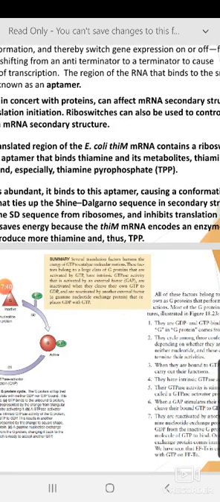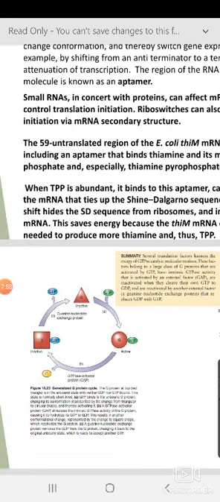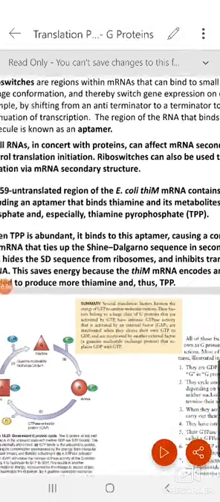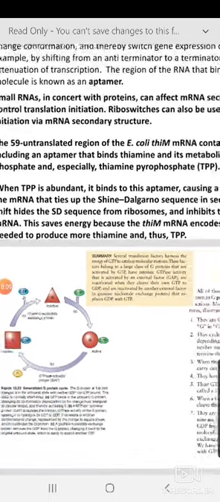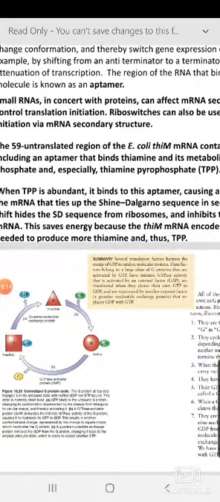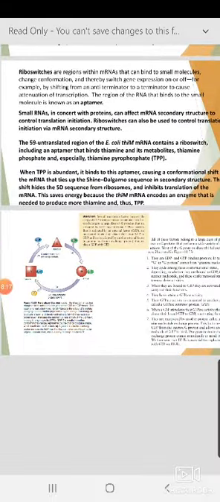When TPP is abundant, the thiM mRNA need not be switched on, because it is synthesizing its own TPP. So TPP binds certain sequences, and because of the binding it hides the Shine-Dalgarno sequence. So the ribosomal small subunit cannot find the AUG and translation gets regulated. So that's the example of the E. coli thiM mRNA, and this is a translational control, which we call riboswitches.